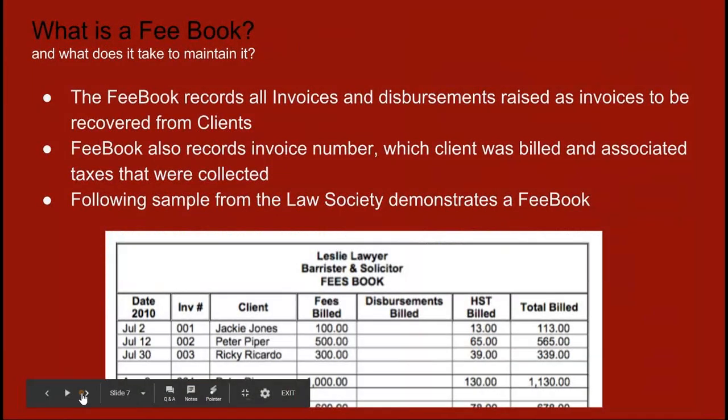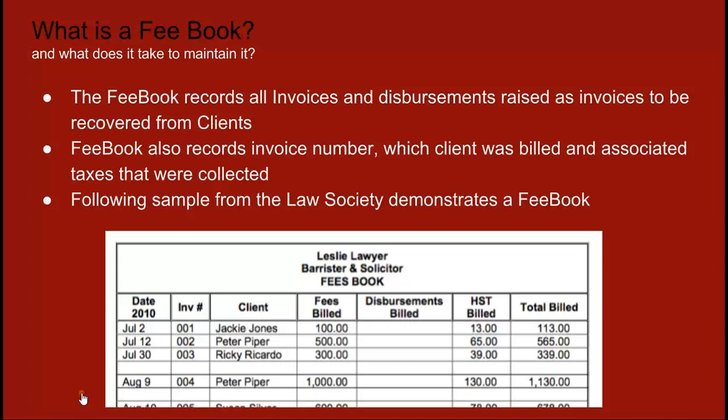Okay. So we've now got a trust ledger, a general ledger, 4 journals, and a reconciliation report. That makes it a total of 7 documents so far as part of this compliance checklist of documents that you need to deliver. Now let's look at the next document, which is your fee book.